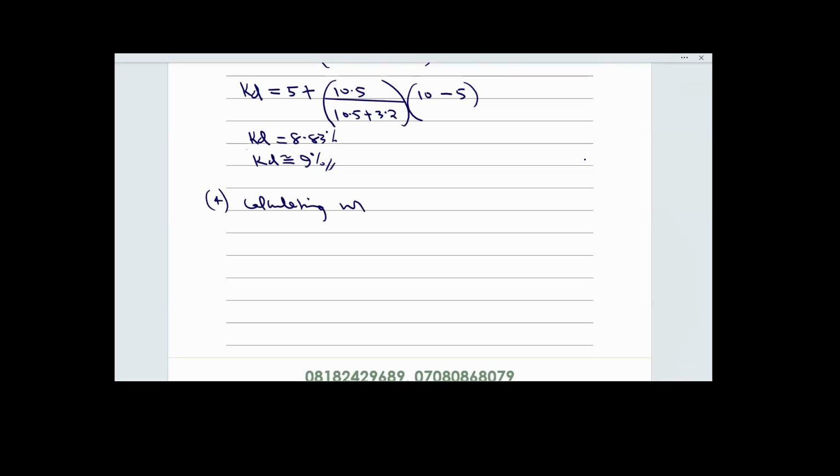Calculating the weighted average cost of capital, KW.